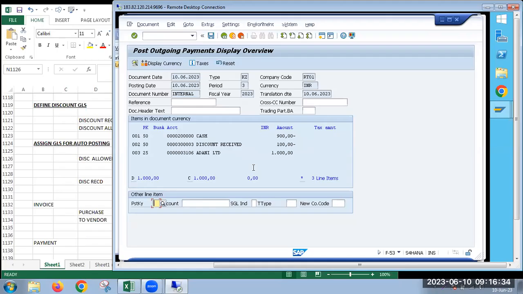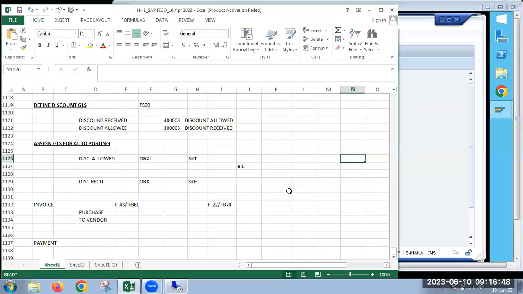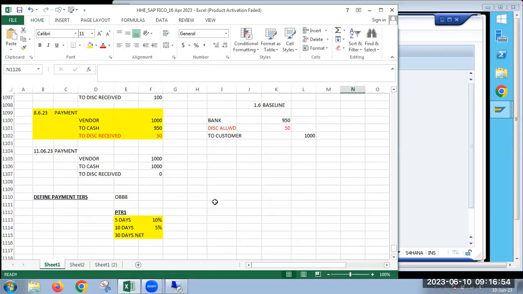Make the invoices like this, specify and post it. Many points are involved here: the rate, the date, the baseline date, the GL assignment, everything is required.